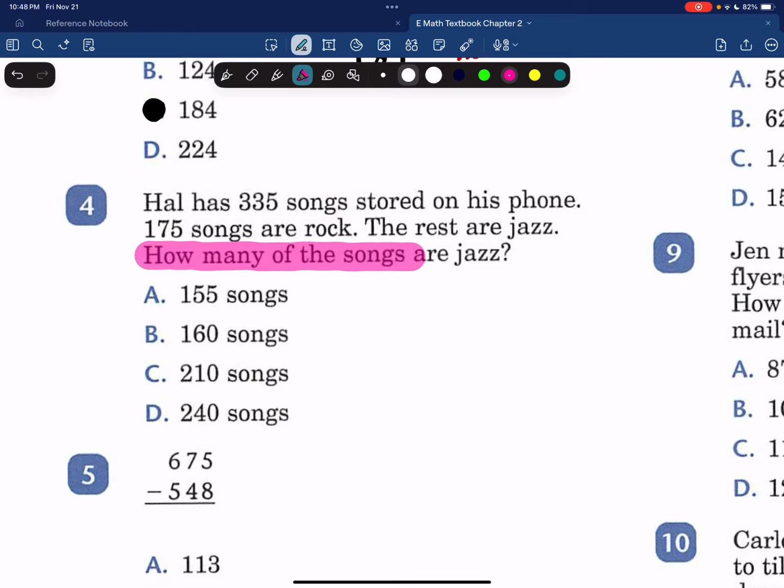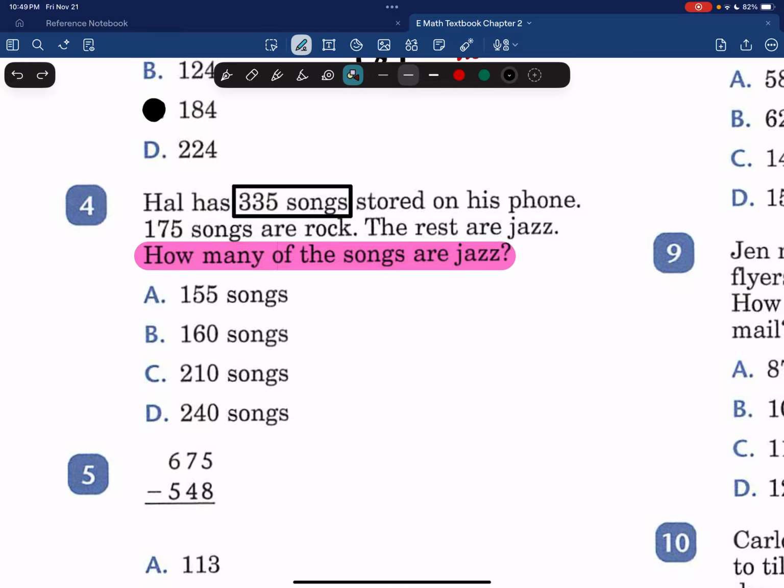So there's the question. How many of the songs are jazz? So we have 335 songs total. We have 175 songs that are rock. And the rest are jazz.